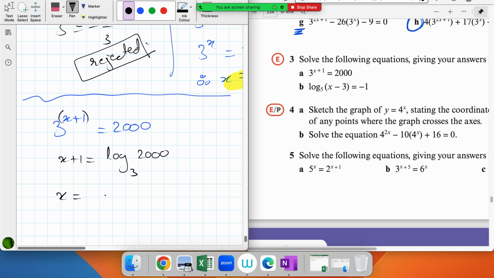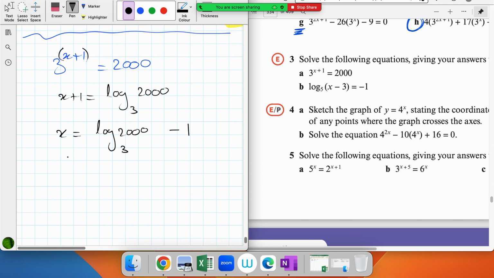X is equal to log of 2000 to base 3 minus 1. And there we go with our machines. Log of 2000 to base 3 is 6.918 minus 1 is 5.918 to 3 decimal places.